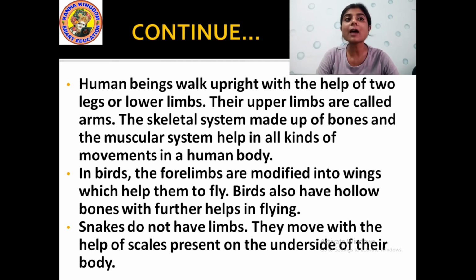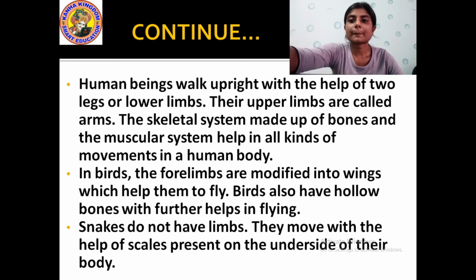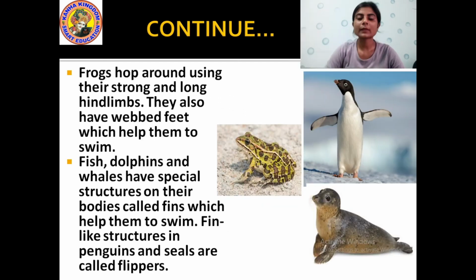So these are the organs for movement of different animals according to their different habitats. Okay? And students, see, frogs hop around using their strong and long hind limbs.